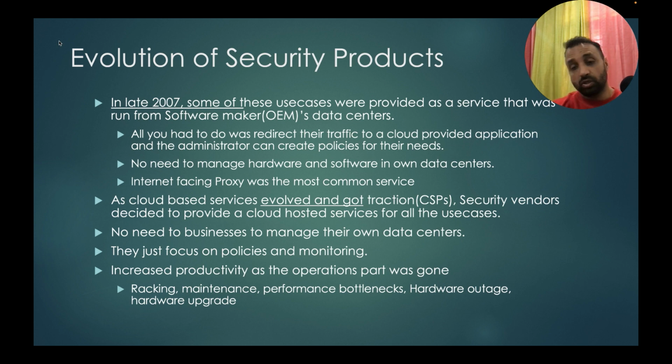So cybersecurity software manufacturers, and similarly other industries, started using these CSPs. I'll give you a recent example. One of the reasons Microsoft has invested in Chat GPT is the need for compute. Chat GPT infrastructure would need thousands and thousands of servers to run, and who will provide that? Of course, Microsoft will provide that. So this helps Microsoft, this helps Chat GPT, right? So it's a win-win for both businesses.